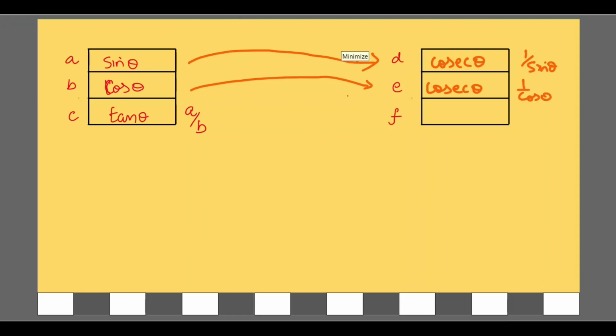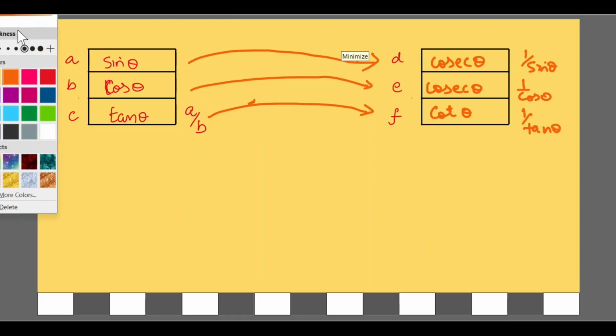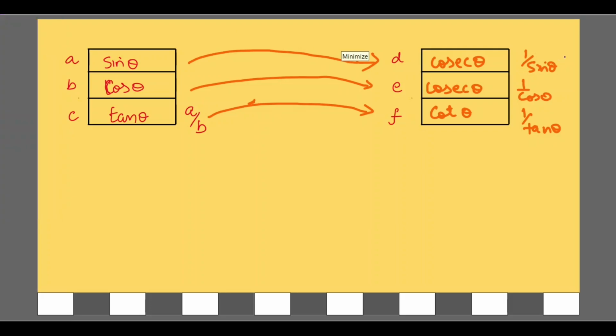And if you take the reverse of tan theta, this will be cotangent theta, which is 1 over tan theta. So if I use another pen, cosecant theta is nothing but 1 over A, this is 1 over B, and this is 1 over C. Here I have written A, B, and C.